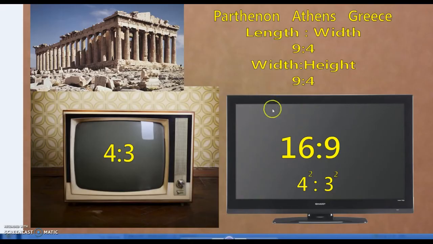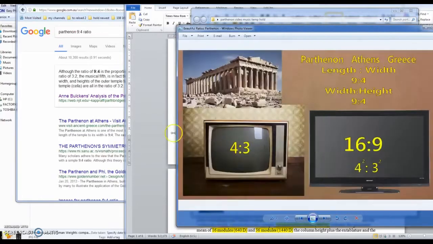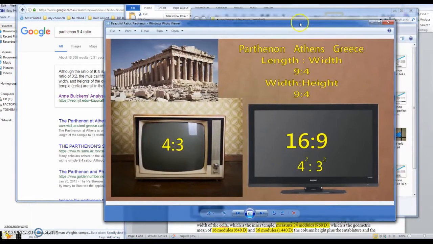Now, for instance, I'll just reduce this a little bit. Okay, so what's very interesting is that modern scales of measure correspond directly to ancient scales of measure, for instance 4:3 and 16:9.